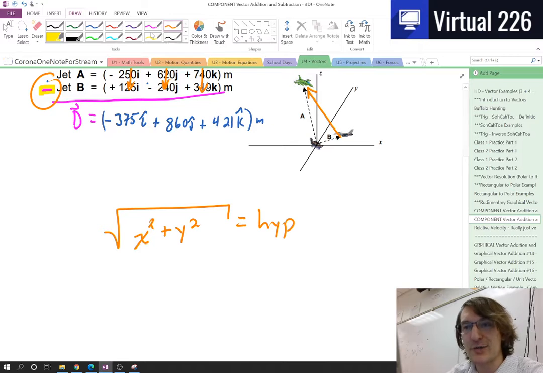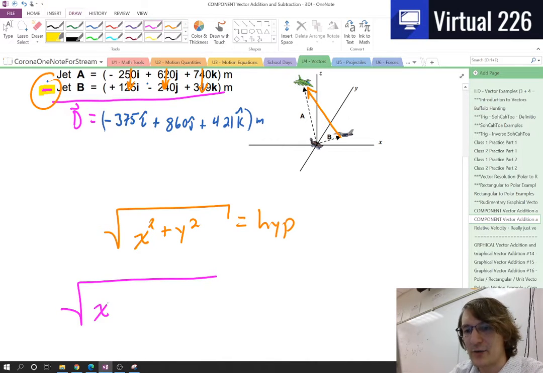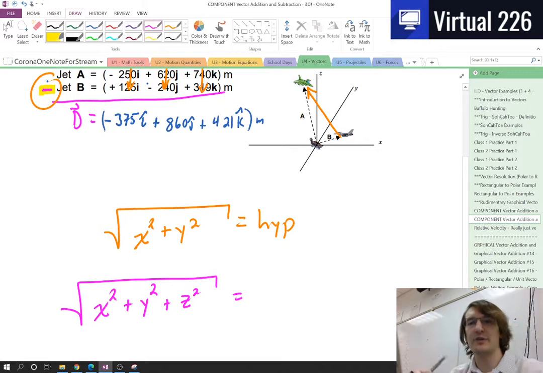If you want to do this in 3D, you simply take the square root of your x quantity squared plus your y quantity squared plus your z quantity squared, and that gives you the hypotenuse of a 3-dimensional triangle.